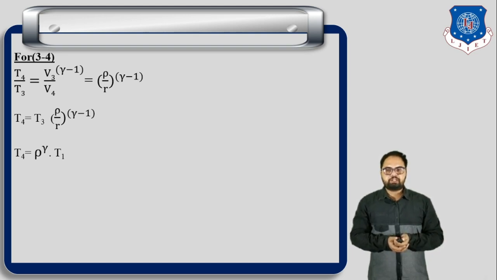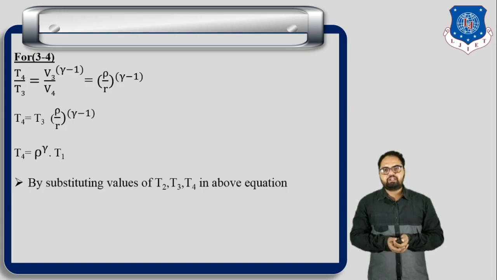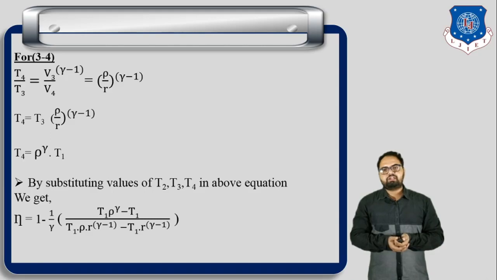By putting the values of T2, T3 and T4 in equation number 1, we get eta is equal to 1 minus [T1 rho raised to gamma minus T1] divided by gamma in bracket [T1 r raised to gamma minus 1 into rho minus T1 r raised to gamma minus 1].